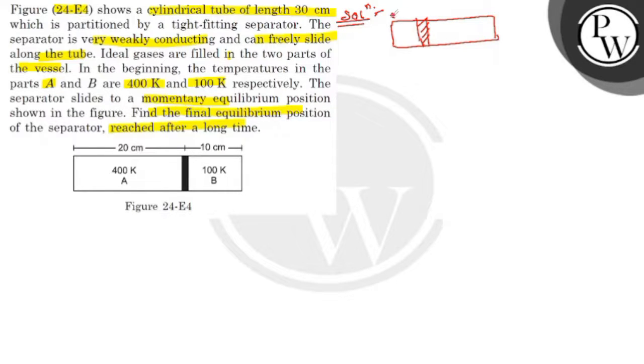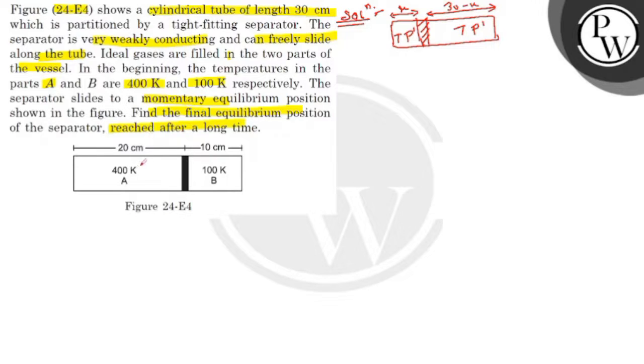This is x and this one is 30 minus x. Both are at the same temperature and same pressure. So let the temperature be T and the pressure be P dash.